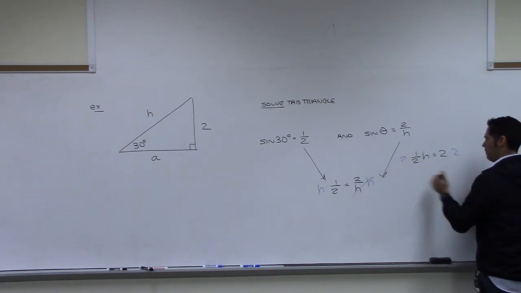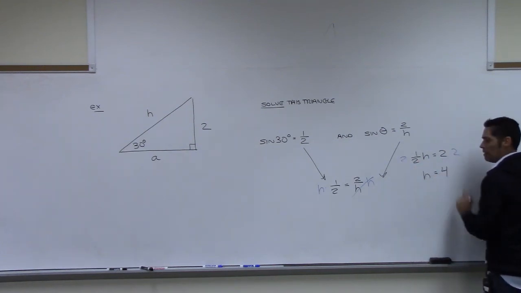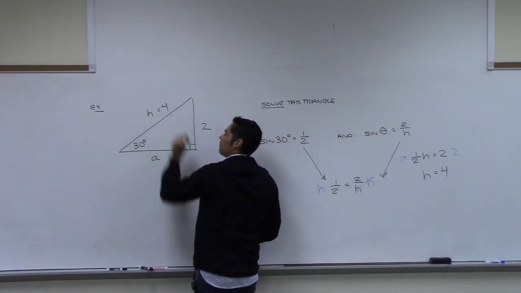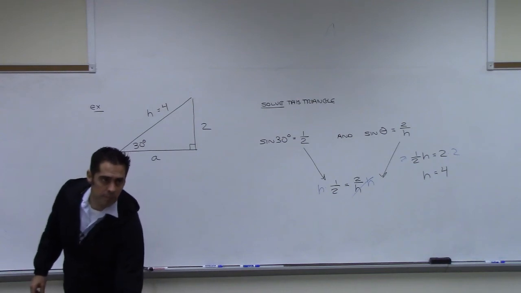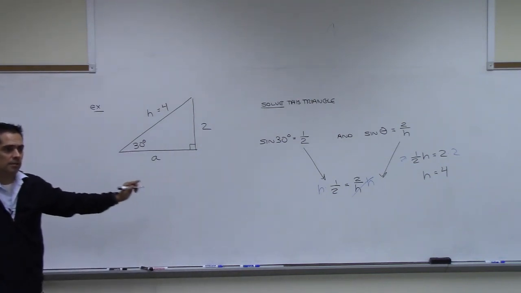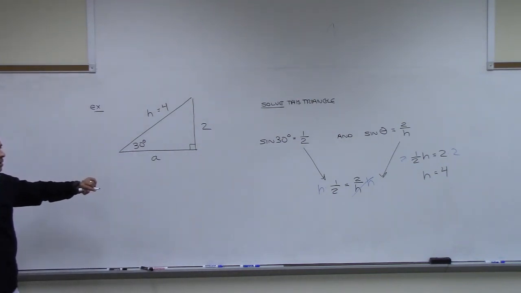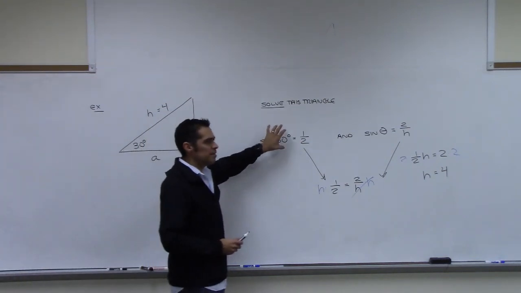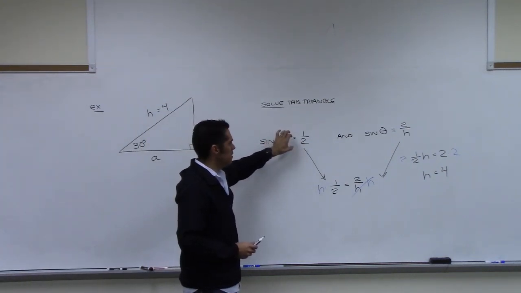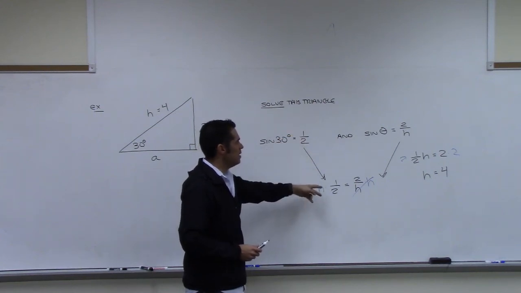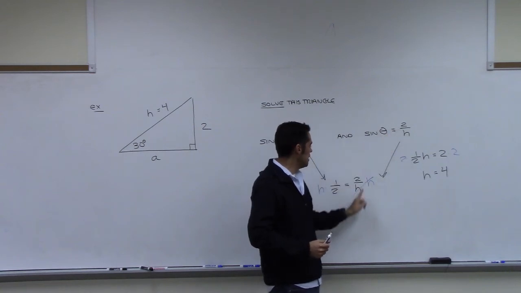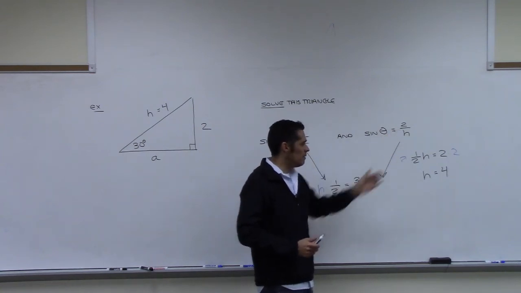And you get the same result, right? H is 4. So now I know this is 4, don't I? Questions on that? Now's the time. Using the fact that this tells me what our ratio needs to be, our ratio needs to be 1/2. But sine says on this triangle 2 over h has to be equal to that ratio. So then we solve for h.